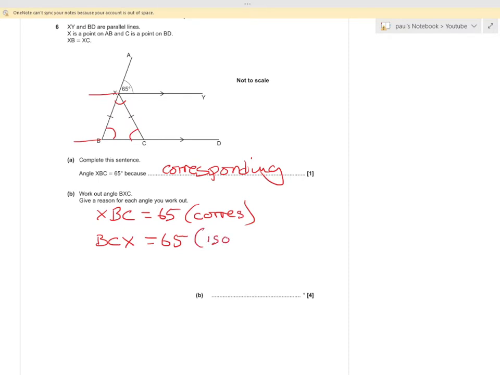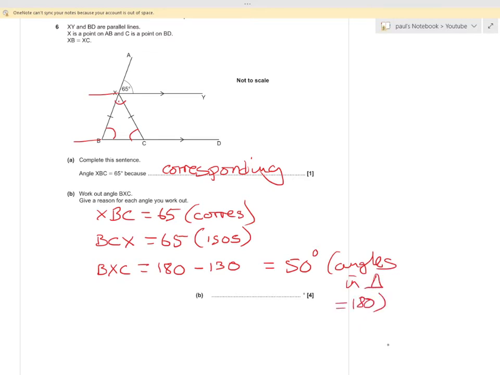That's because it's an isosceles triangle. And so this one up here, BXC equals 180. Take away both of these, which is 130, which equals 50. And that's angles in a triangle equal 180.